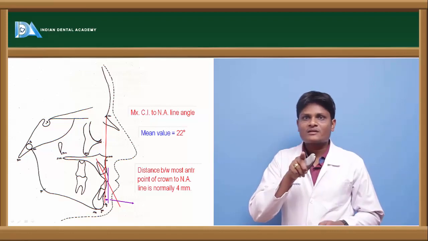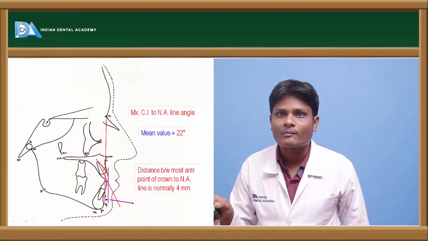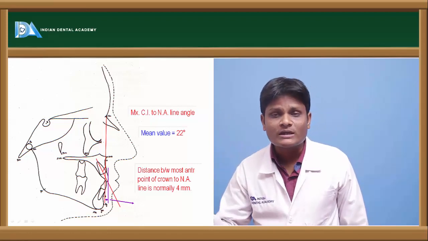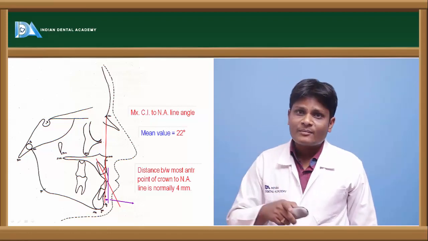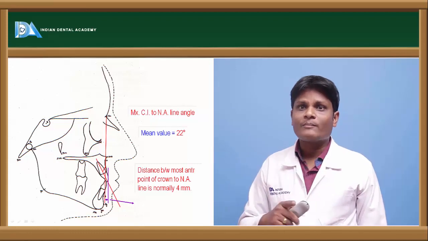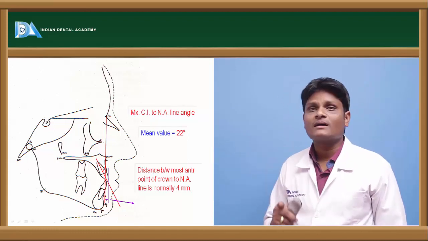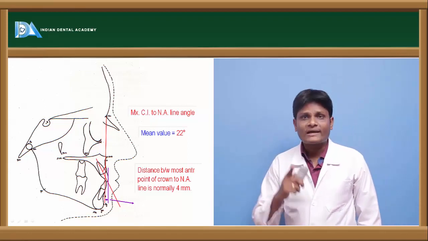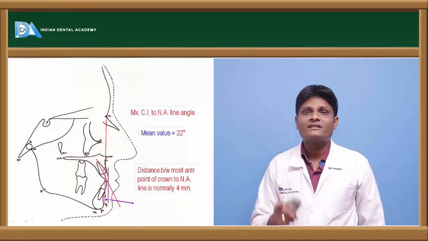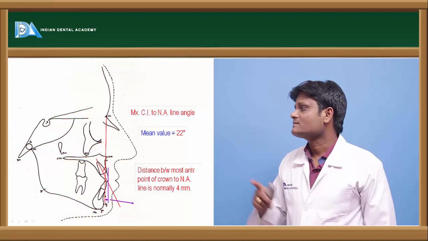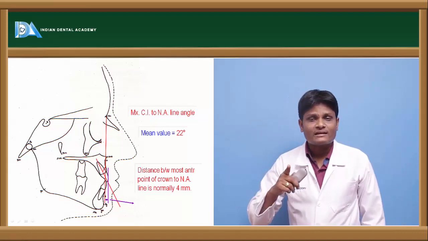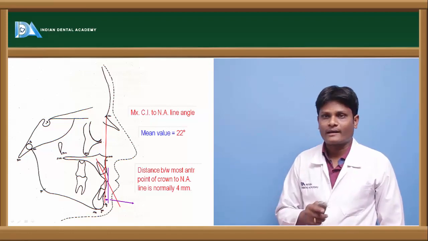This is a linear measurement and it should be 4 mm. Any angular measurement beyond 22 degrees or any linear measurement beyond 4 mm indicates that the upper incisors are more protrusive with respect to the anterior limit of the maxilla and the anterior limit of the anterior cranial base. This is the inference that we can draw from the angle between the maxillary central incisor long axis and the NA line.